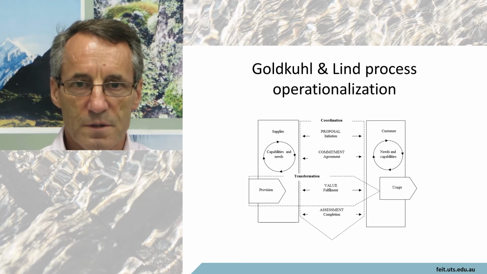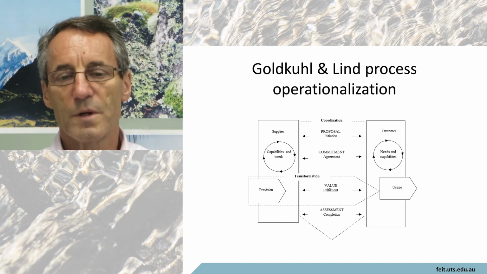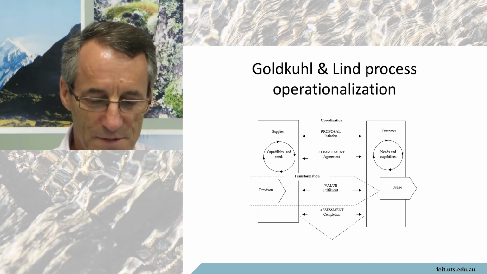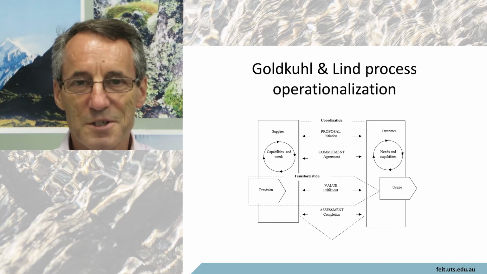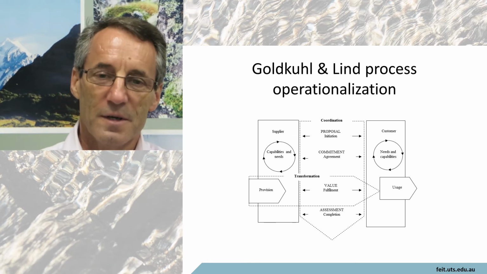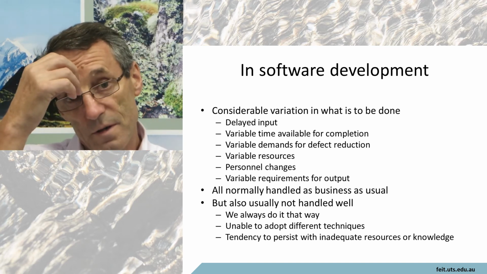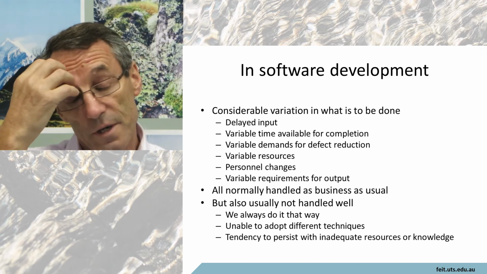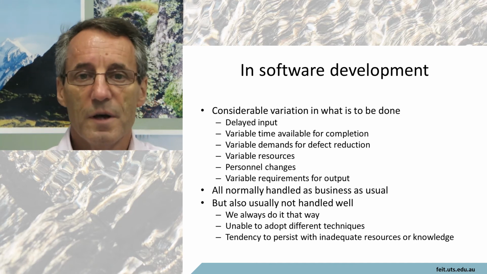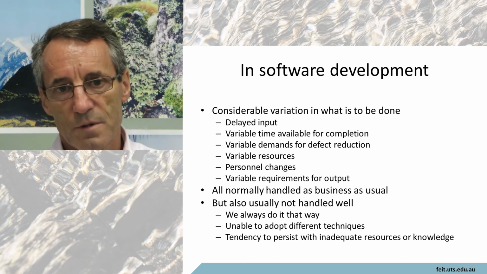You can see now in this diagram how that would be pictured if you really need pictures. And sometimes it's a really good idea to have pictures, so that's a general representation of the Goldkuhl and Lind model of process there. Now, in software development, there's always variation. There's variation even on the day, because somebody might be sick, or somebody might have been taken away to another project.